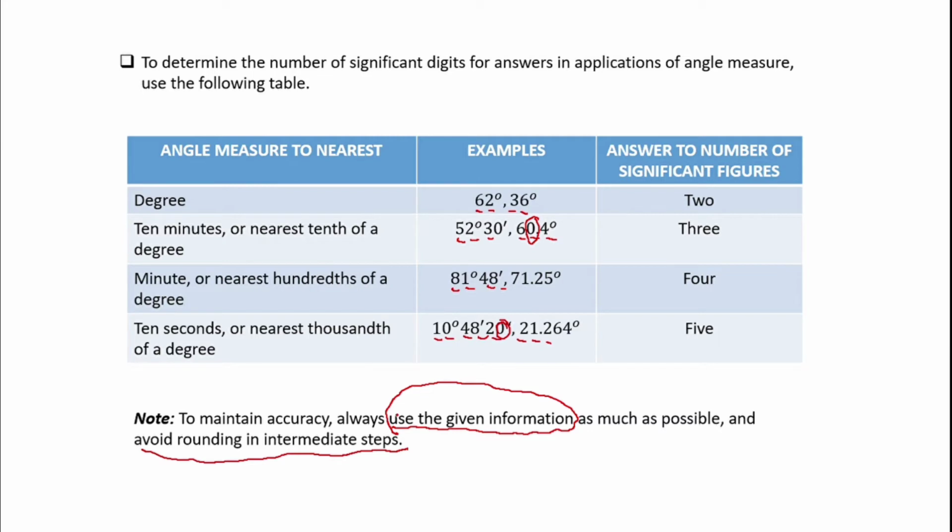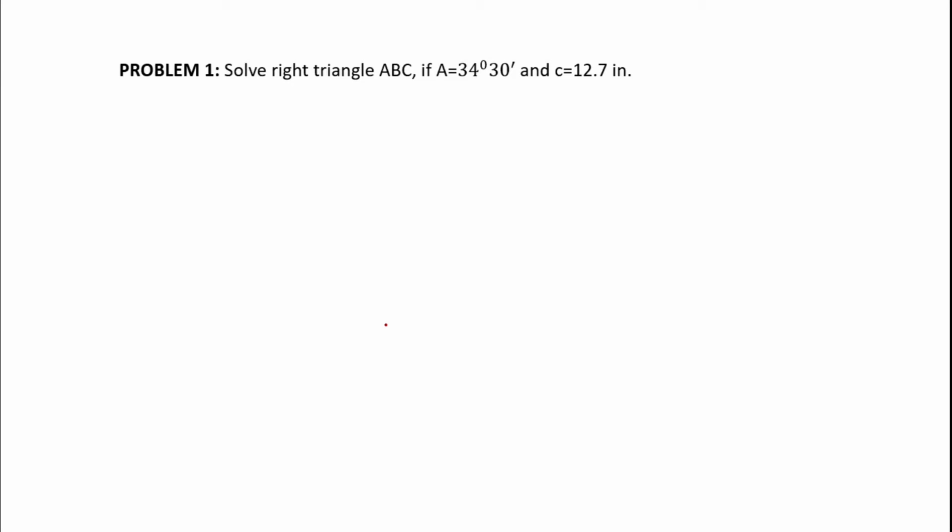For example, that is 2 point something, 2.0011. You are going to use it as is. Avoid rounding in intermediate steps, and round it off at the final answer only. Okay, so that is how to find the significant figures and how to make use of the given information as much as possible. So let us have problem number 1.